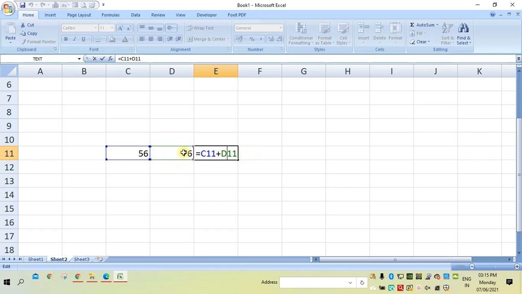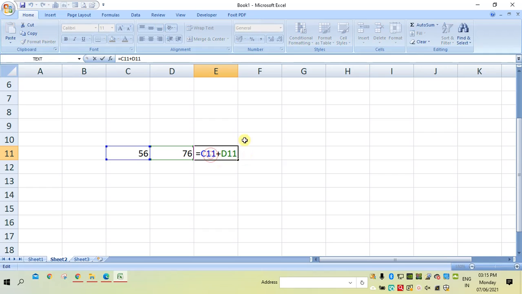One thing you remember: after entering the formula and pressing the enter key, you will get the result, not the formula. If you want to see the formula, click here so that the formula is visible in the formula bar. If you want to see it in the cell also, then double click, and you will get the formula in that cell also.